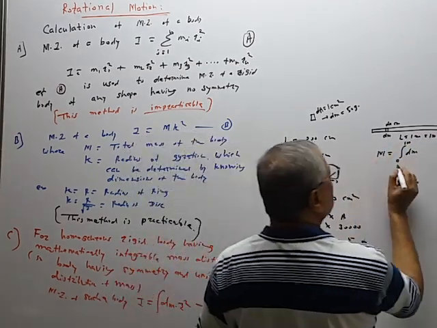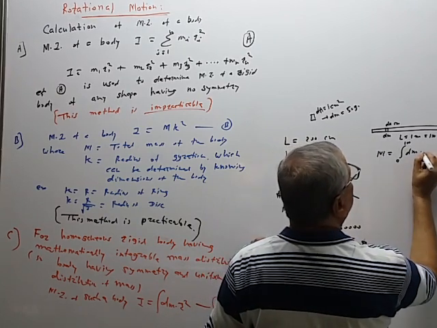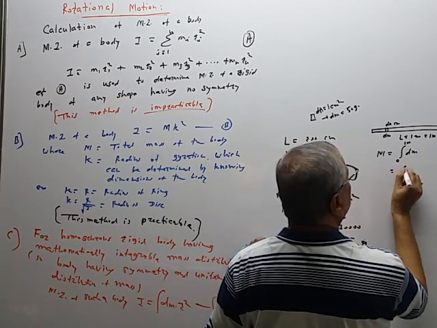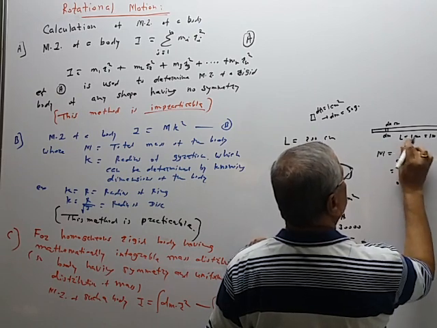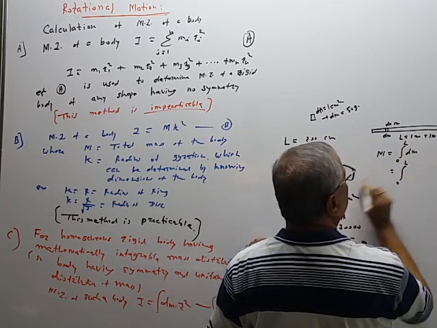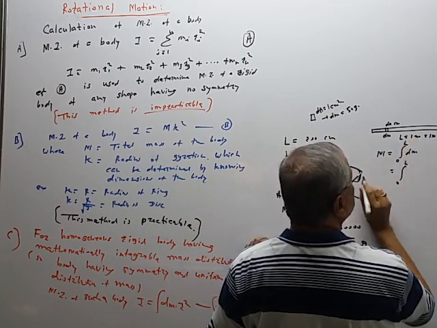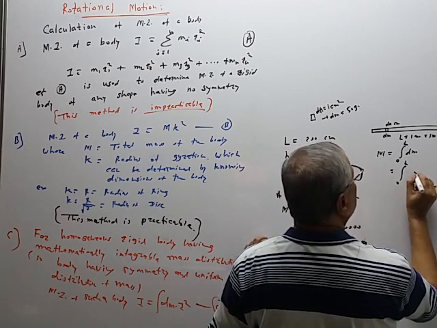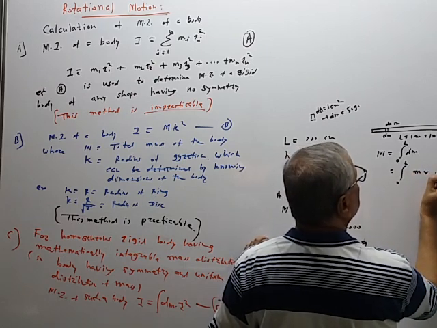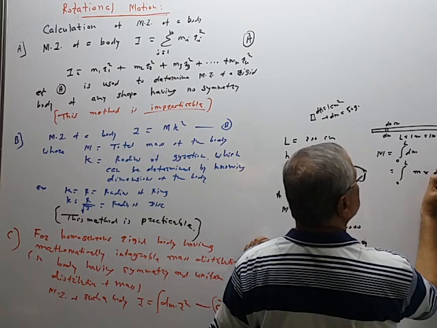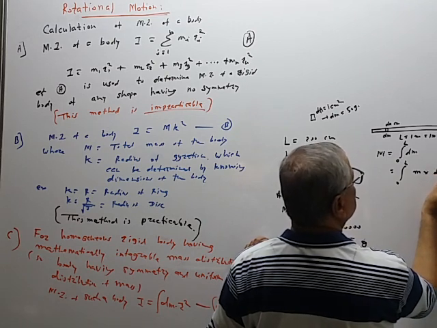आता हा dm कसा काढणार? So dm is equal to, याला आपण कैपिटल L, 0 to capital L integration. dm is equal to mass per unit length multiplied by width dx.